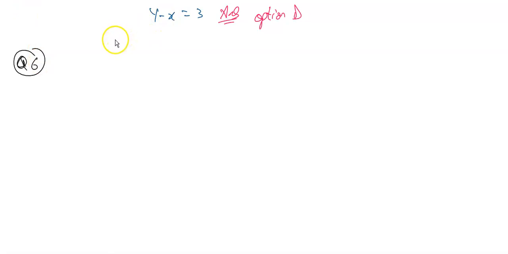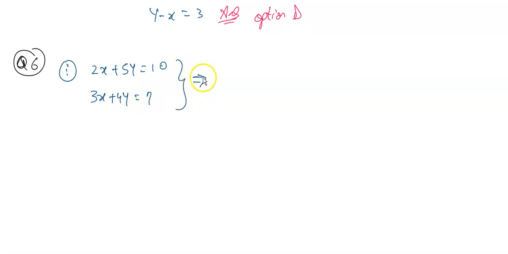So question number 6 is match the column. We are given simultaneous equations and we have to tell which will have no solution, unique solution and infinite solutions. So looking at the first set of equations, that is 2x plus 5y equal to 10, then we have 3x plus 4y equal to 7. How will we calculate this? We will see the ratio of the coefficients. So the ratio of the coefficients of x, 2/3, is not equal to 5/4, and this is not equal to 10/7. So this is the condition for unique solution.